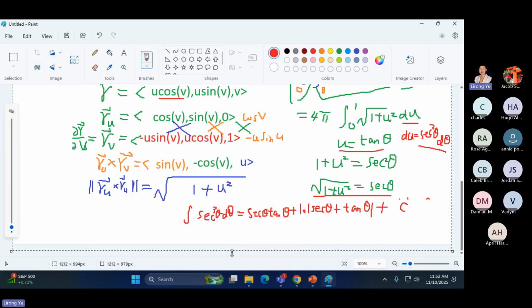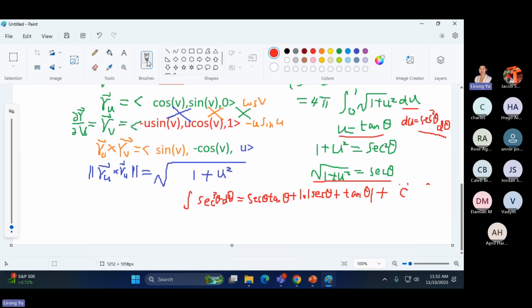So that's the integration for secant cube. And then we want to bring that back to the original variable. Secant theta is this root, and tangent theta is this u. So this part is really just u times the root of 1 plus u squared, and then plus the natural log of secant theta plus tangent theta, where tangent theta is u and secant theta is the root of 1 plus u squared.